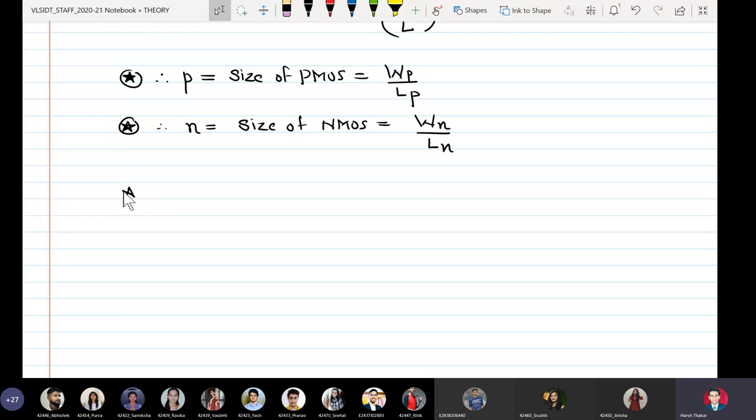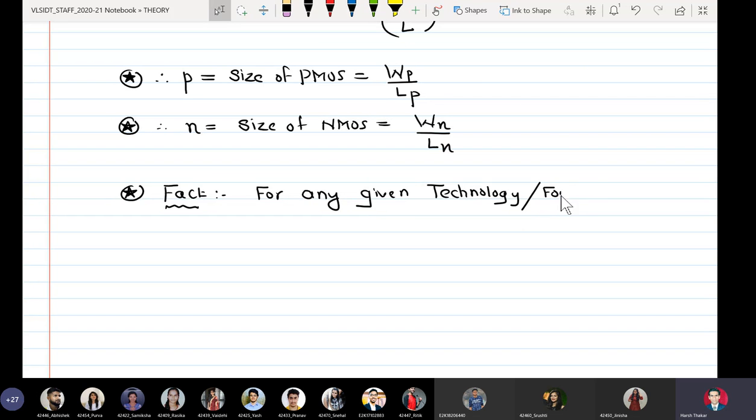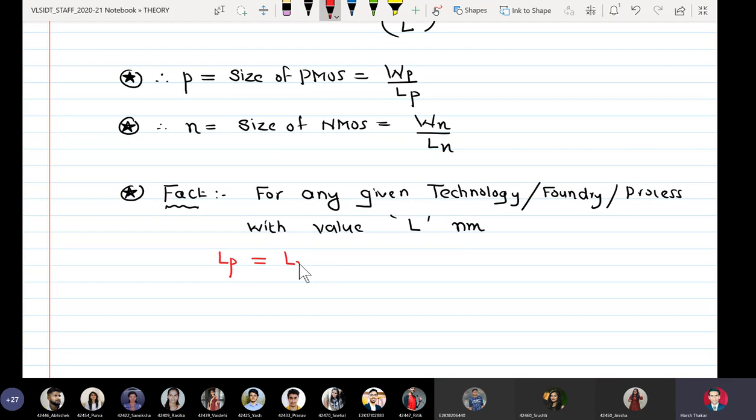Now another important fact is, for any given technology or foundry or process with value L nanometers, Lp equal to Ln equal to L. This is a very important relation, especially when you want to solve numericals.